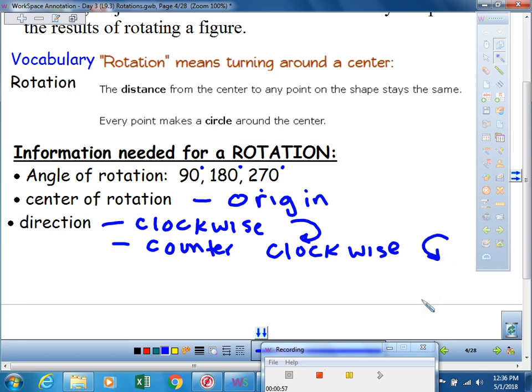So think of an analog clock. If you look at the clock behind us, the second hand is the one that you see moving continuously. It's in a clockwise manner. So think of how clockwise goes.